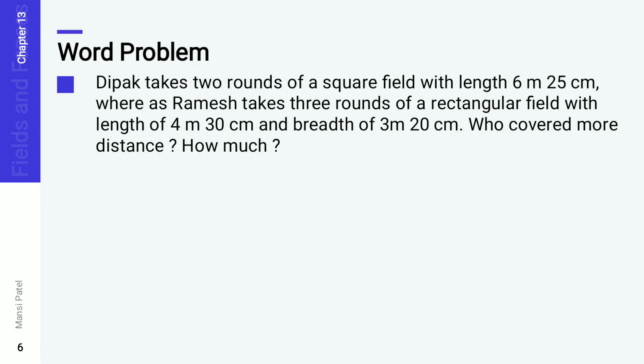Now let us calculate the distance covered by Ramesh. But before that, we find out the perimeter of the rectangle, because in the question they already mentioned that he takes rounds in a rectangular field. Rectangular field means a rectangle field. But before that, we have to convert this meter and centimeter into centimeter only.